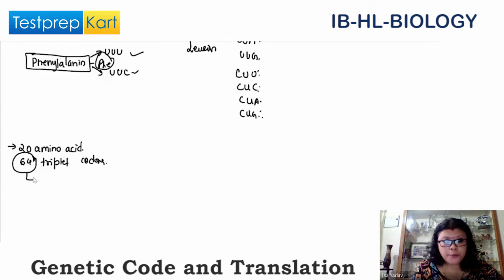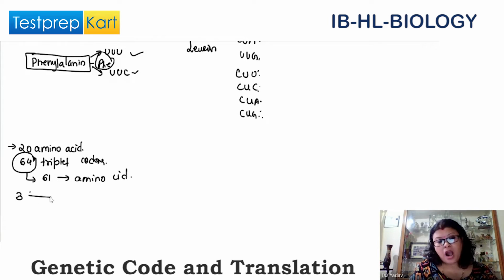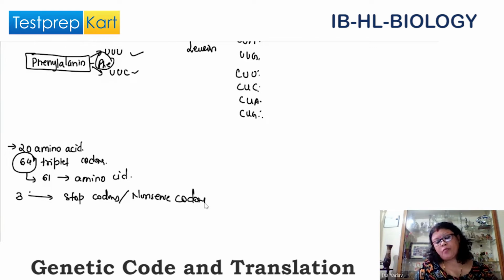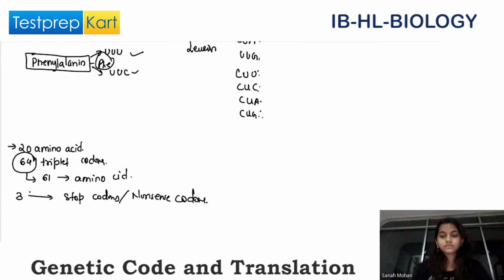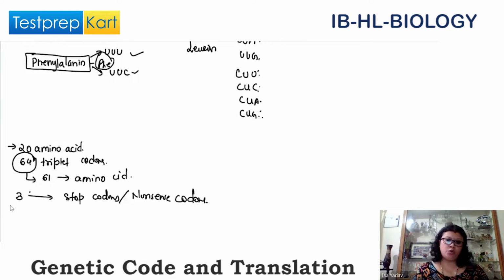Out of the 64, 61 triplet codons will code for amino acids. 61, 62, 63, 64. So 3 are called stop codons or nonsense codons.